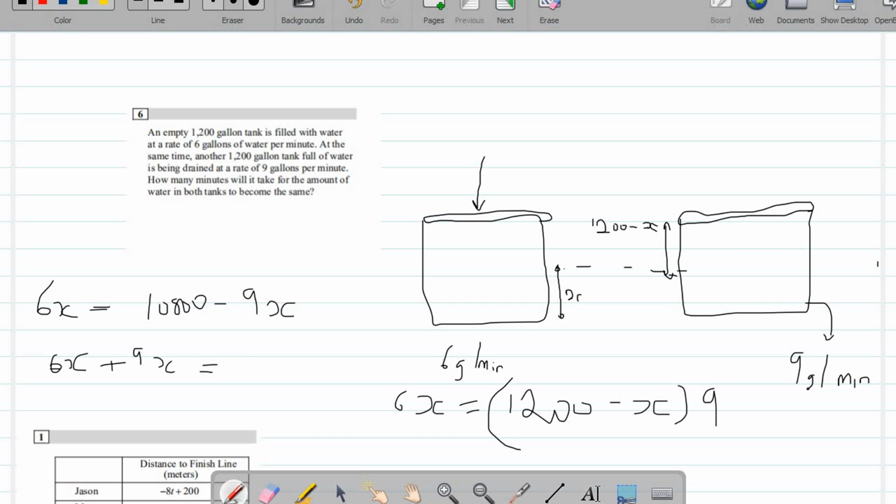If you move this to the other side, you have 6x plus 9x is equal to 10800.